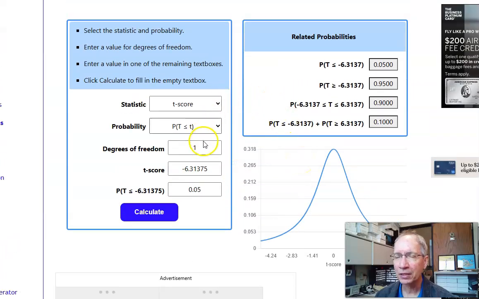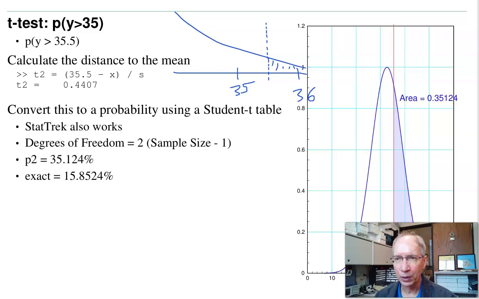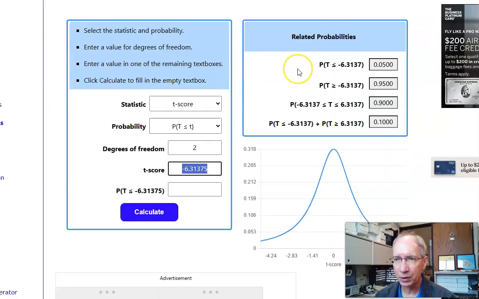I'll go back and say here's the t-score. I've got sample size of 3, meaning 2 degrees of freedom. The t-score was 0.4407. Here's the negative, because that gives me the area of the tail, area to the left.